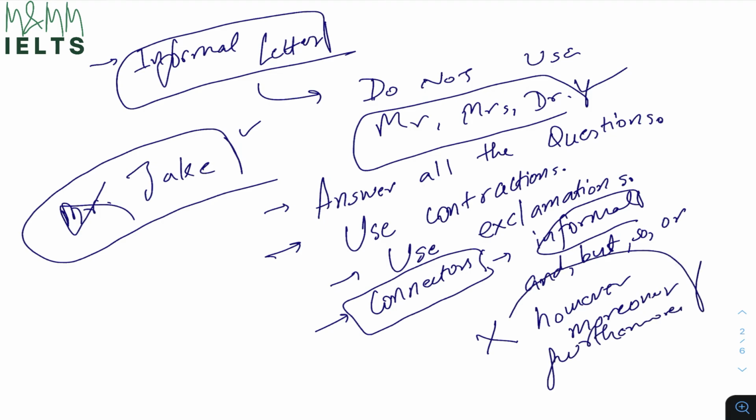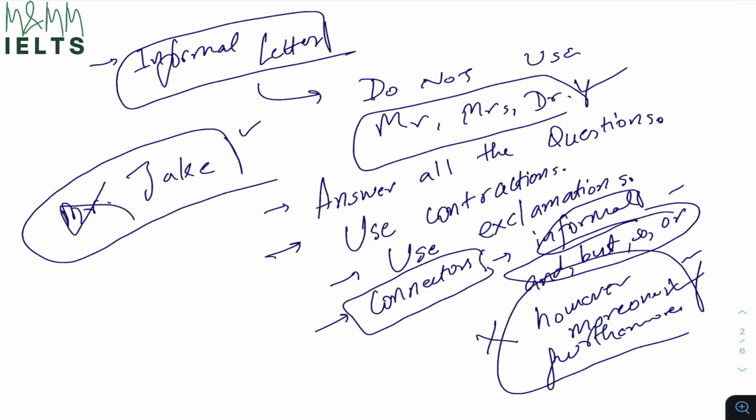I mean, they're not wrong. You won't really lose band scores for them, but if you just use these connectors, your task 1 is going to sound very formal, which in turn, as a collective thing, may reduce your band score. So prefer using very simple but informal connectors, and, or, but, these kind of words, just so that task 1 sounds very informal.